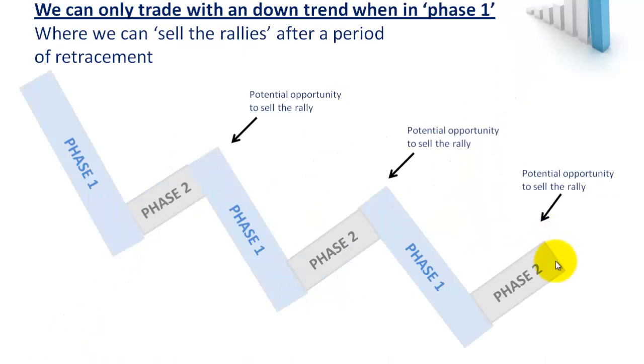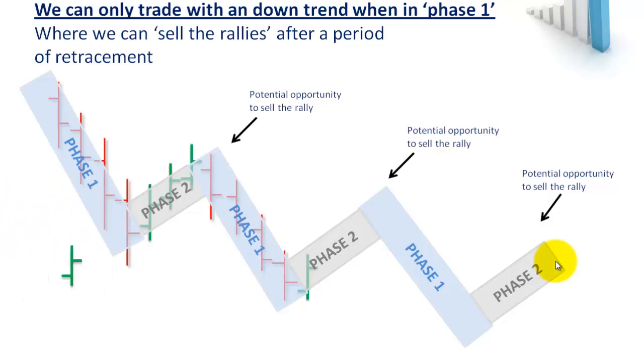Again, in a downward trend, we only want to trade with phase 1, which is with the trend. From where we make a lower high to a lower low is phase 1, and phase 2 is when we have the pullback, as you might hear it referred to. After we have our pullback and the end of phase 2, we get the opportunity to sell the rally, sell the retracement.